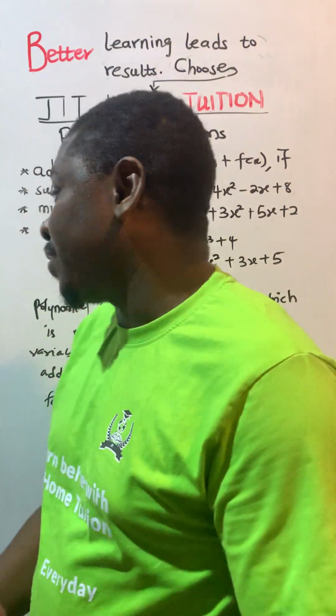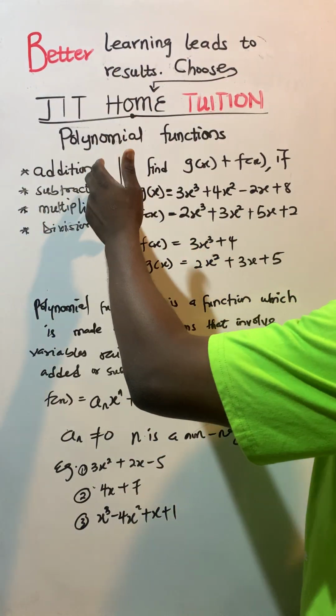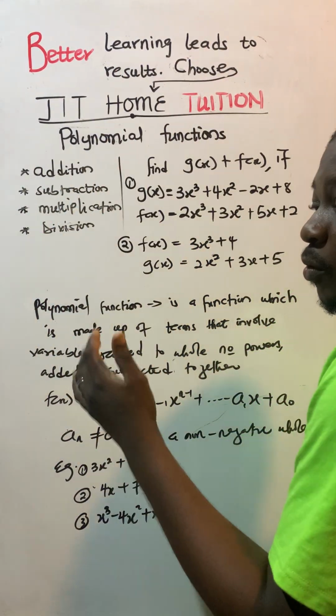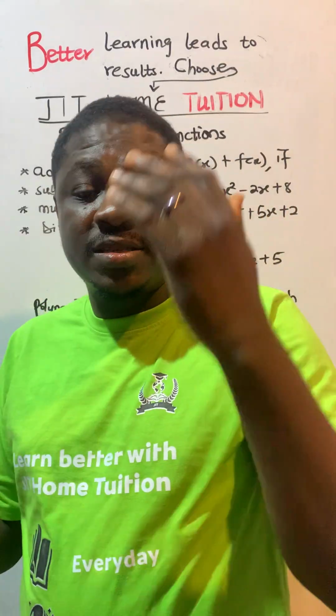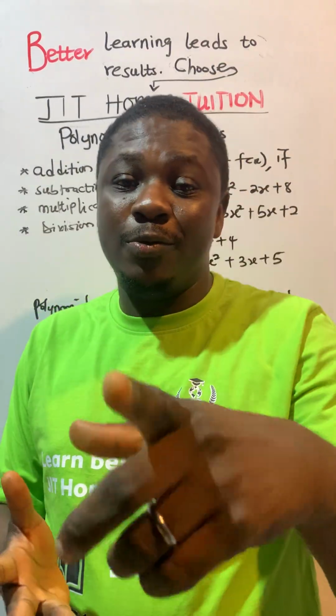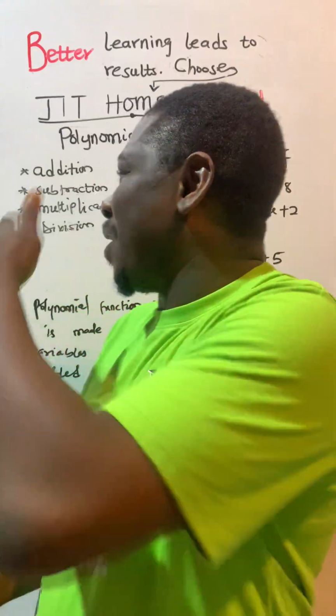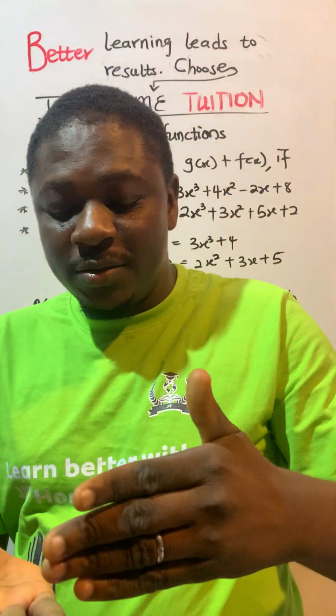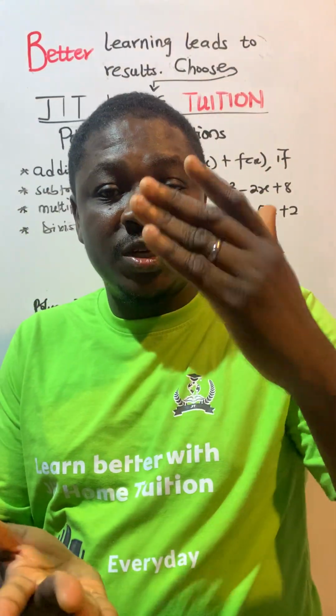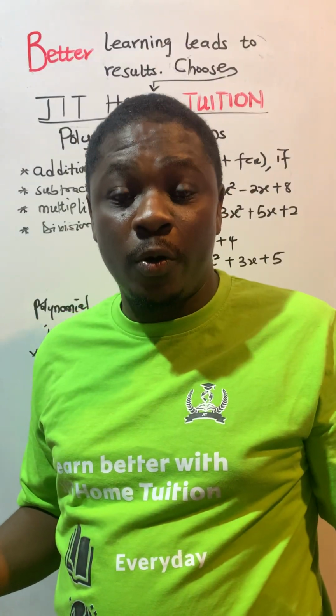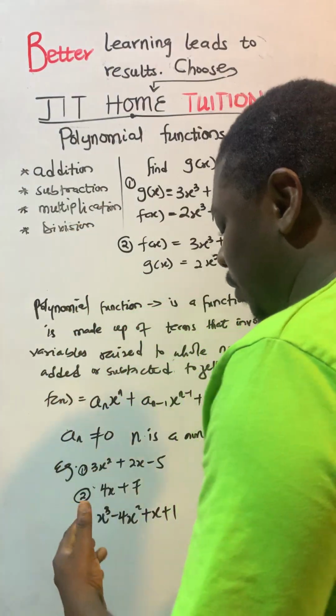So we are going to start from the addition, subtraction, multiplication and division of polynomials. These operations are all found in algebra too. So we are going to look at it.